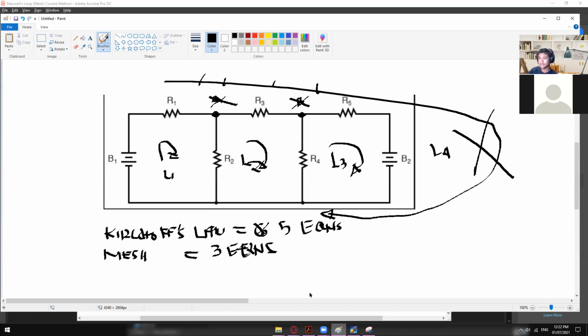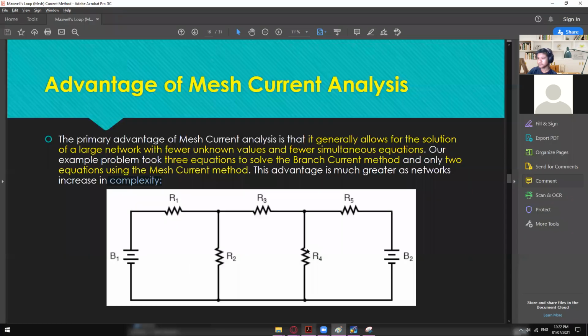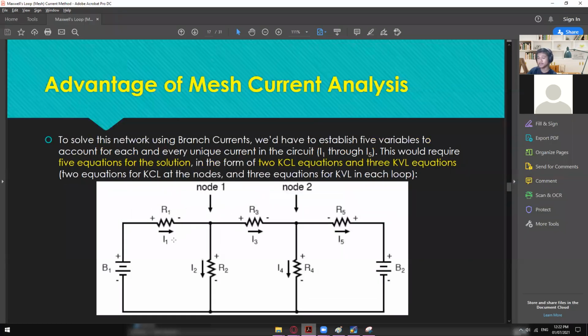Okay. So in here, first, of course, you have to label everything. So we have this assumed flow of current. So I1, I2, I3, I4, I5, and then the node A or node B, or node 1 or node 2, and then the other voltage source right here.